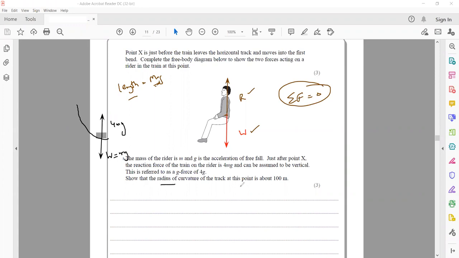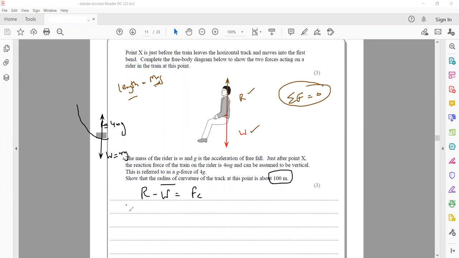Show that the radius of curvature of the track is about 100 meters. So how we can show this: the normal contact force R is 4 mg, and weight is mg. So R minus W is equal to centripetal force or Fc.